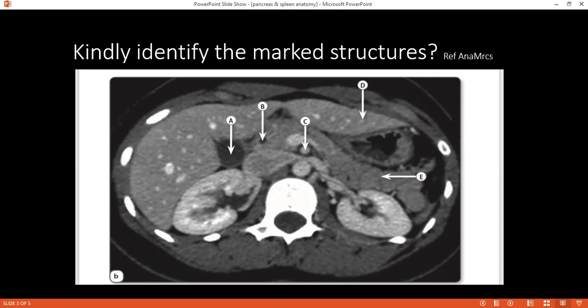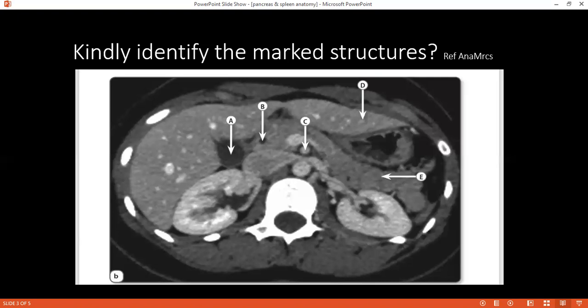Yes, what are the parts of the pancreas? Head, neck, and then body and tail. The head and neck contain the uncinate process projected from the head, and the body and tail.